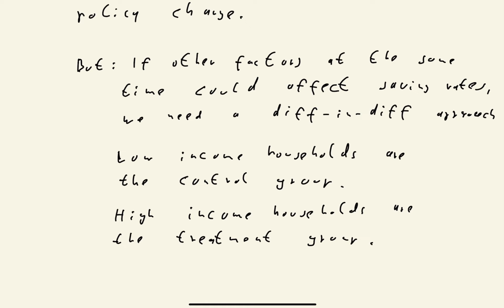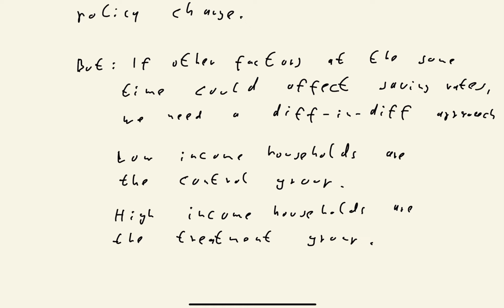In order for this empirical strategy to work out, we need to make sure that the other reforms affect low-income households and high-income households in the same way. This means that the low-income households are a valid control group.